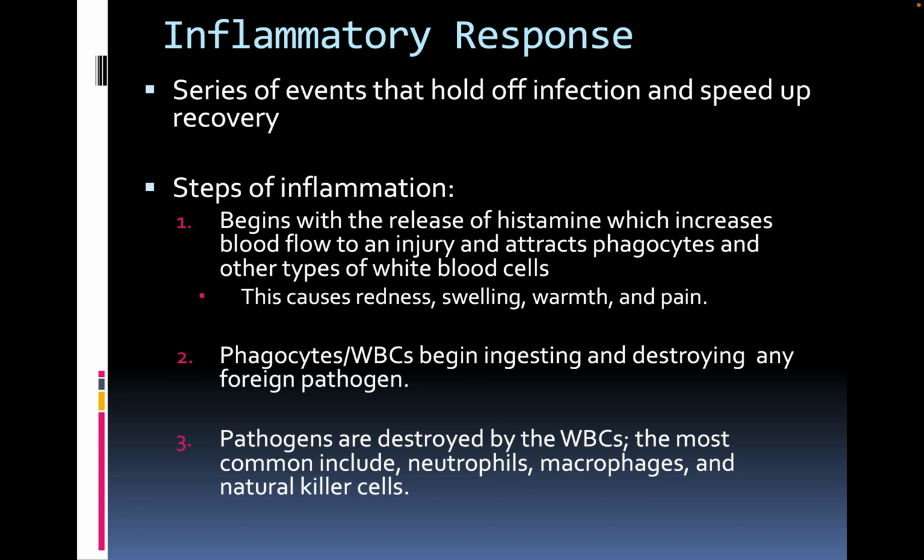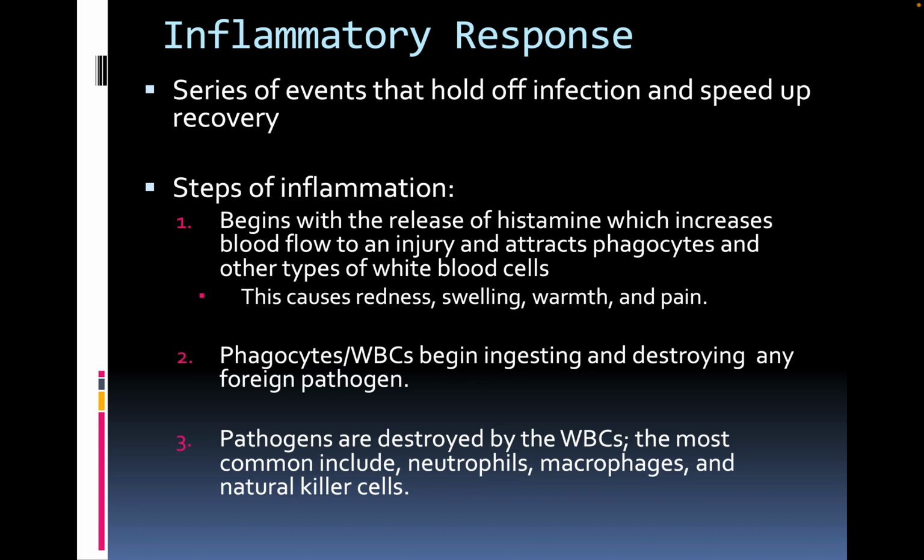So the first thing that's going to happen is you're going to release histamine. You may have seen this with people who are allergic to things. We'll talk about allergies. Well, maybe now is the best time. An allergy to an object or a substance is really your immune system being overreactive to something that is not actually a pathogen.